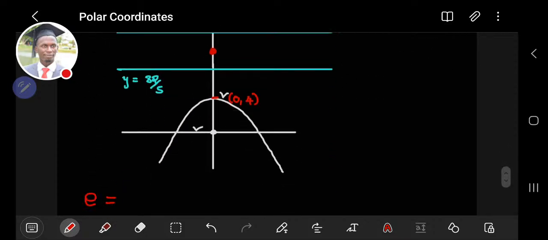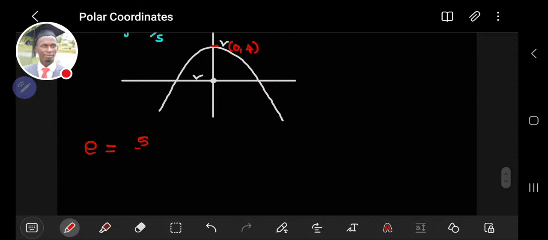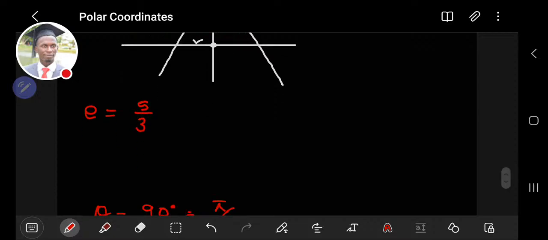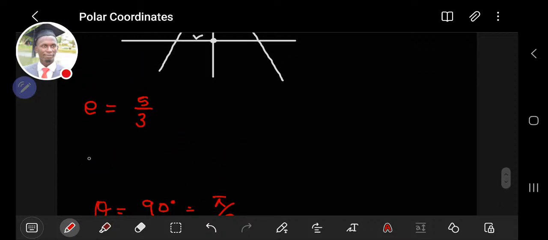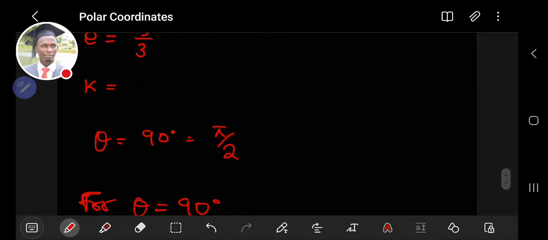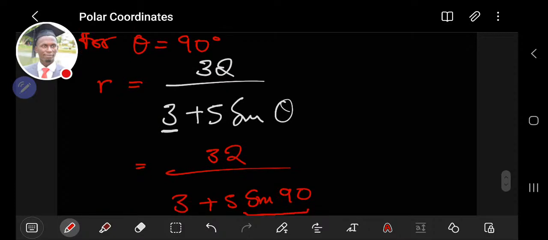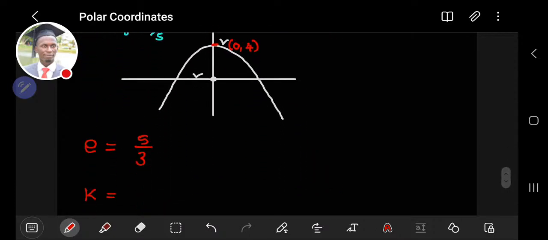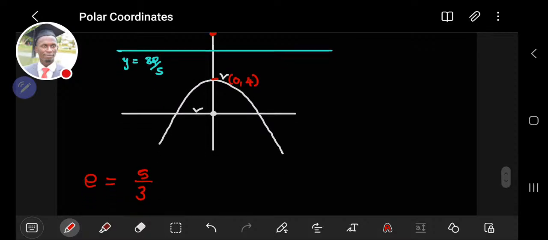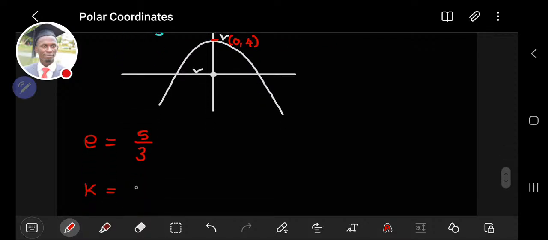Yeah, our E was 5/3, that was our E. And then we also have our K. We ended up finding our K as, where is our K? Our K was 32/5. Yeah, that was our K.